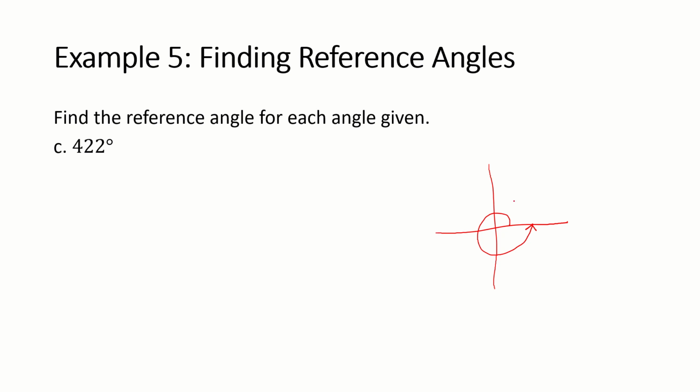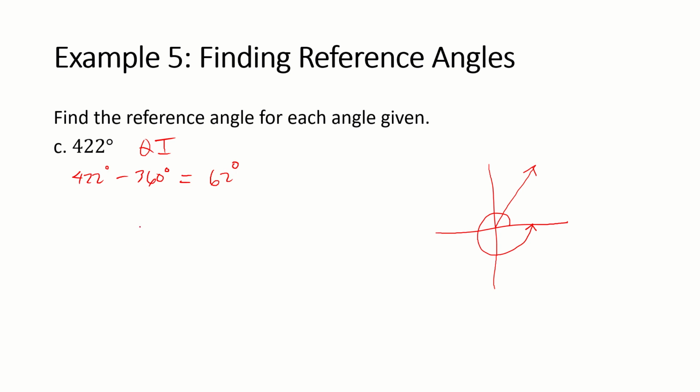So, meaning, our angle measurement of 62 degrees is somewhere here in our quadrant 1. So, paano natin nalaman na sa quadrant 1? Kasi 422 minus 360 degrees, that's 62 degrees. So, if it's in quadrant 1, the reference angle is just equal to the angle measurement.